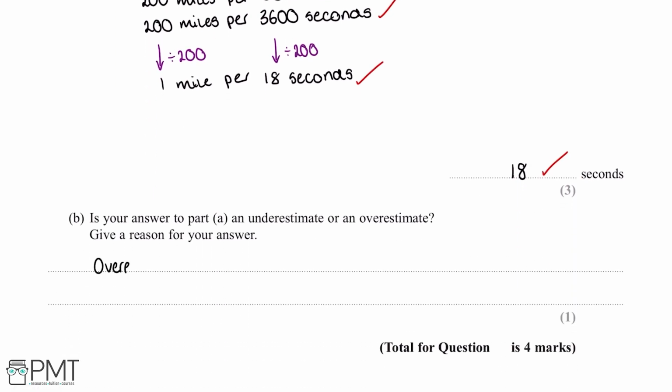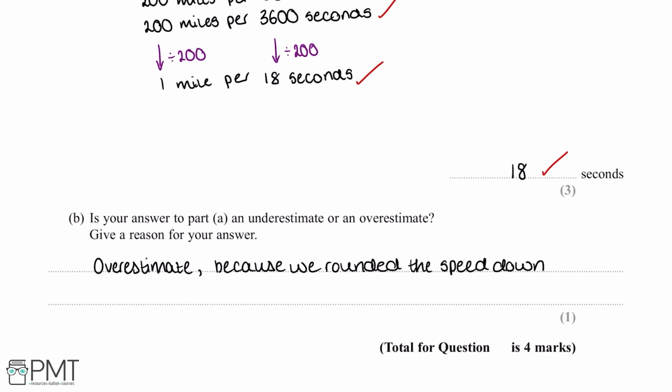So for our answer, we can write something along the lines of, our answer was an overestimate because we rounded the speed down. And this question's worth 1 mark, and we'll get this for a suitable decision along with valid reasoning.